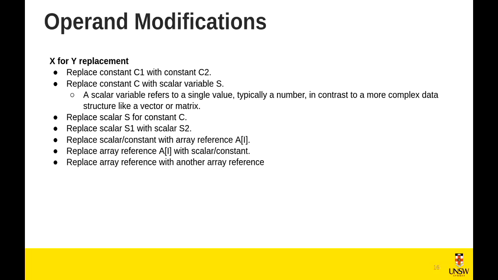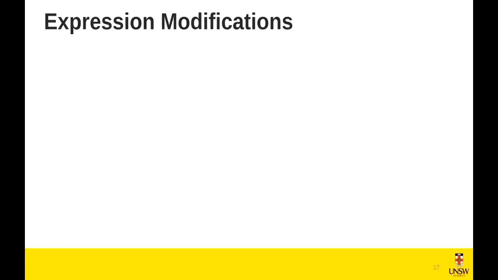We can also replace an array reference with another array reference. By doing this, we can either change the array, the pointer to the array, or the array index with the same array. So we can do all these types of changes for operands.